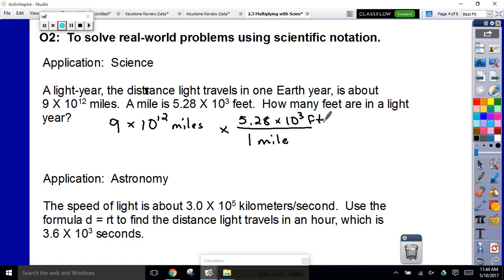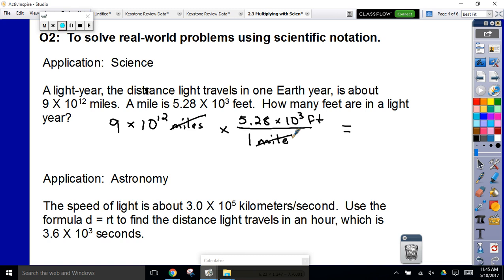We'll be using conversion factors a lot when we do this. What happens when you multiply this is any word that you have on the top and the bottom is going to cancel out. So the miles will cancel out and we'll be left with just feet on top. So we know we're performing the right operation. If we divided instead, we'd have a mile on the top and a foot on the bottom and it wouldn't cancel out, so it wouldn't work. So we need to do 9 times 10 to the 12th times 5.28 times 10 to the 3rd.